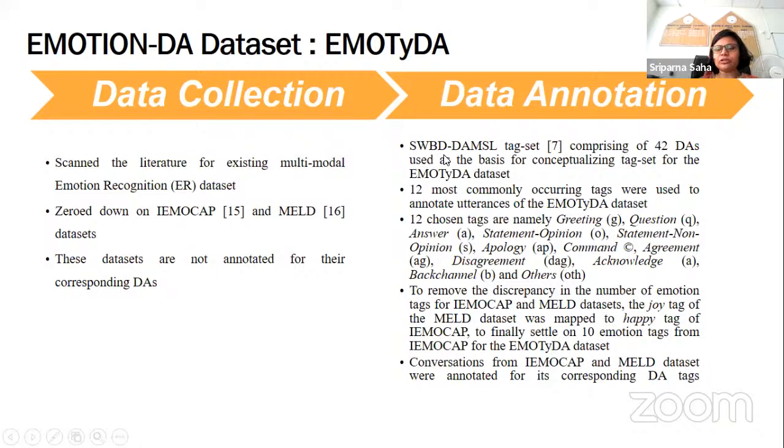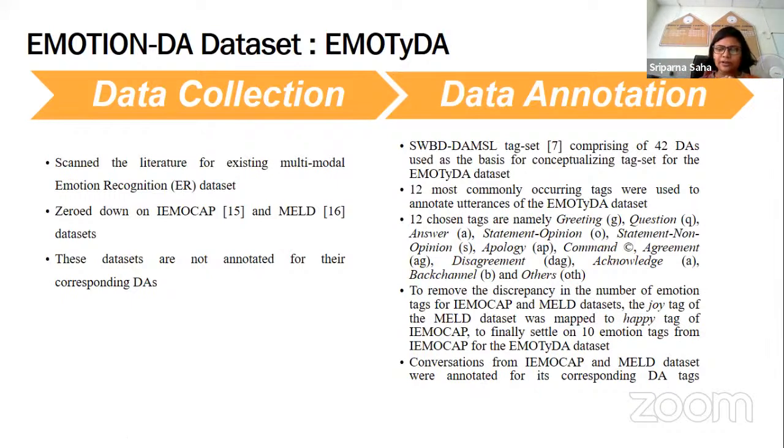In the Switchboard corpus, there are 42 different categories, as I have already discussed, but we selected the 12 most commonly occurring tags: greeting, question, answer, statement opinion, statement non-opinion, apology, comment, agreement, disagreement, acknowledgement, back channel, and others. We annotate each utterance with one of these 12 categories.